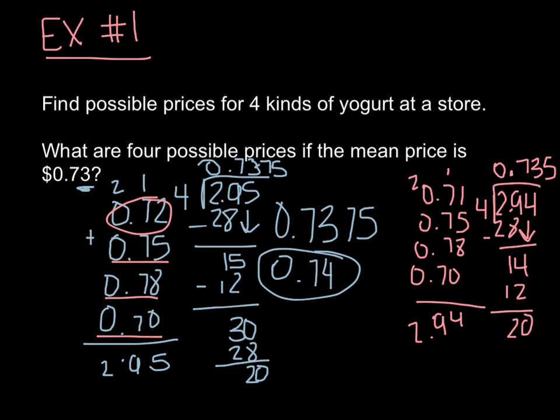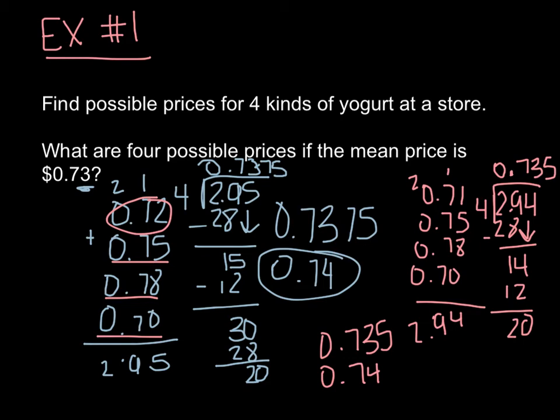And we got 73 this time. And 73 and 735 thousandths, which rounds up again to 74 hundredths. So we would need to bring it down just a little bit more.